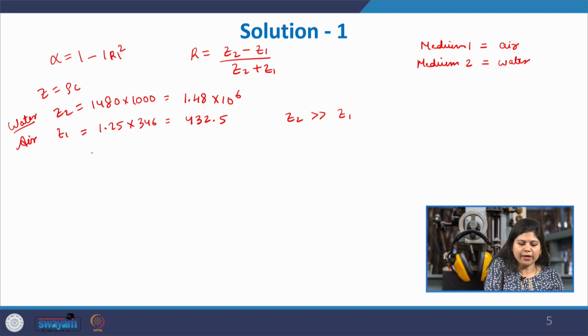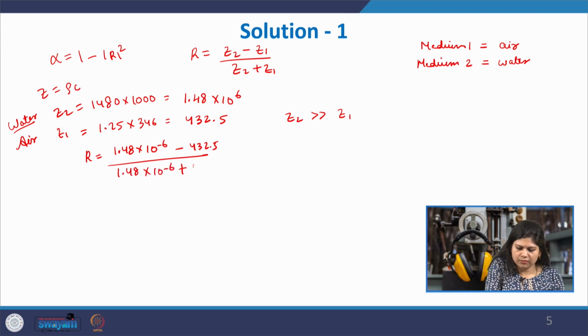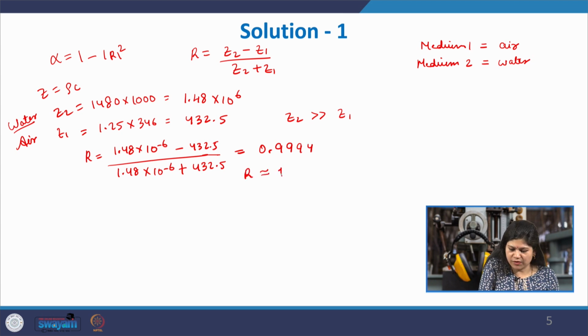If you try to calculate what you see overall, if you solve it, it will come very close to 1. This is the exact value you are getting. So, R is almost 1, we can say.